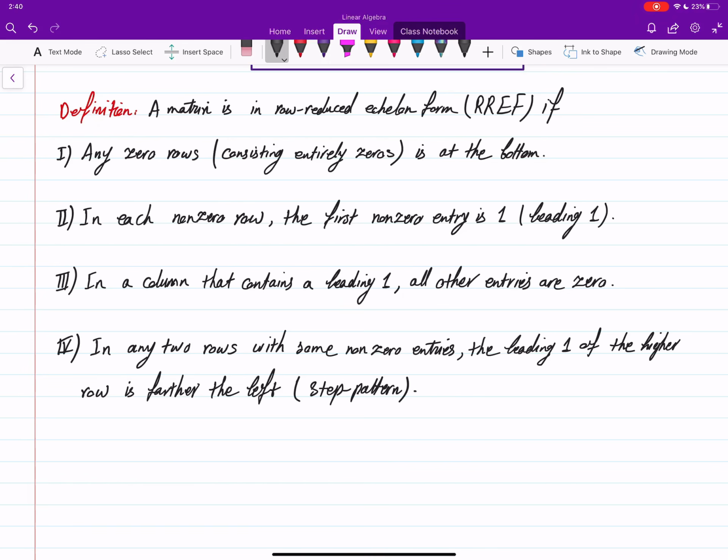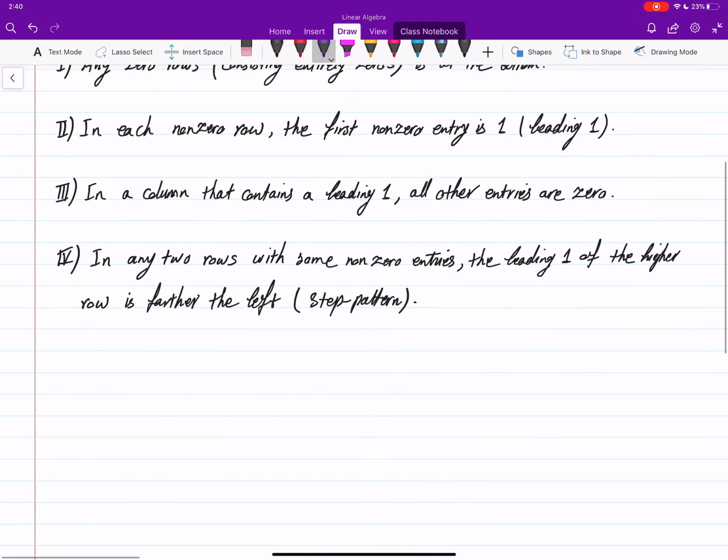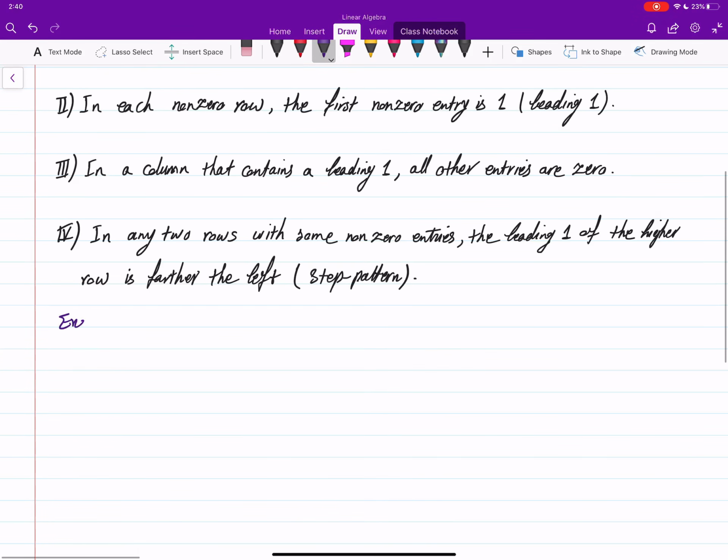So these 4 conditions, what are examples of such matrices? For example, let's say you have 1, 0, 0, 0, 1, 0, then 0, 0, 0. This is a row reduced echelon form.